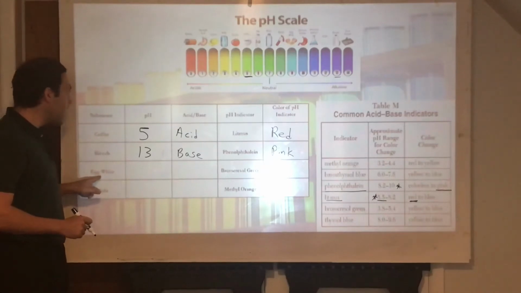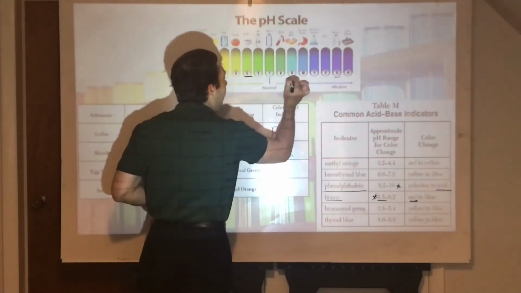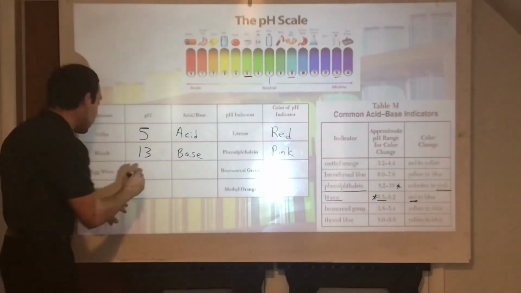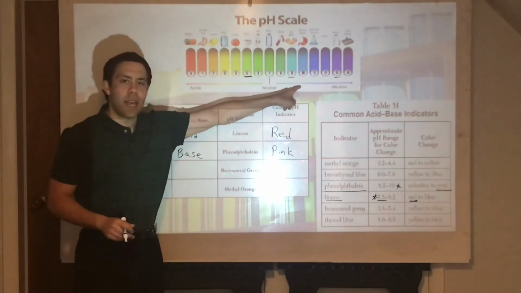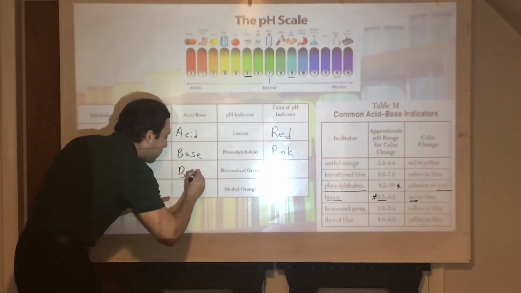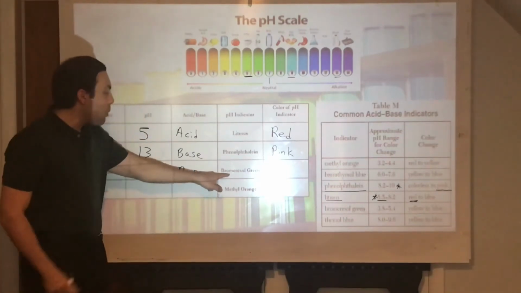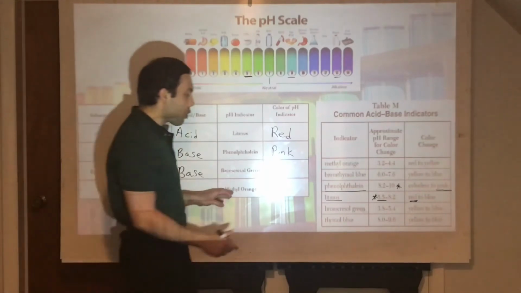The third substance, egg whites. We go to the pH scale, we see egg whites have a pH of 9. Once again, the number 9 is greater than 7, so that is going to be considered a base. This time we're looking at bromocresol green. Remember, pH of 9, bromocresol green.